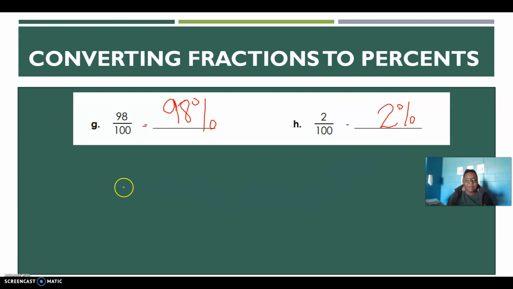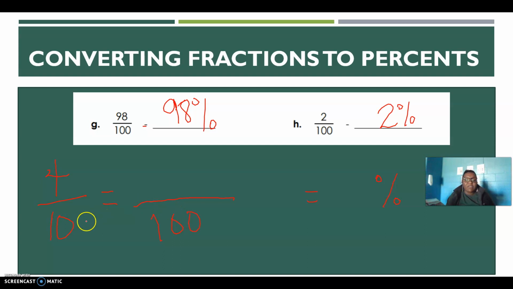Okay, easy peasy. So let's do this from the very beginning. Let's say I have 4/10, and I need to know what that looks like as a percent. Well, there's a step that I have to follow. The first thing I have to do is find the equivalent fraction here.